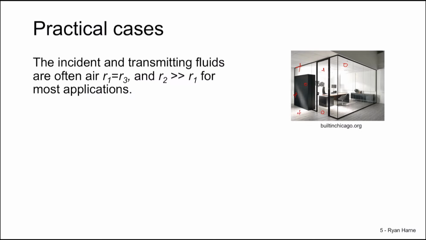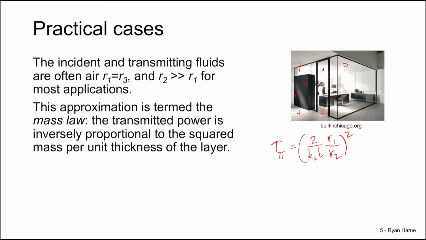In this case, we can drastically simplify our power transmission coefficient, capital T sub capital pi. It's equal to 2 over K2L multiplied by R1 divided by R2, quantity squared. This is called the mass law. It shows us that transmitted power is inversely proportional to the squared mass per unit thickness of the layer.